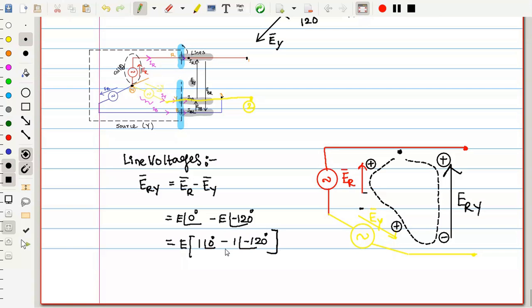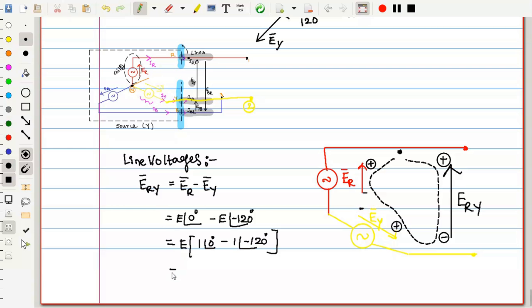You can convert this into rectangular form, add real and imaginary parts, and convert back into polar form, but that much work is not required. You can type the polar notations directly in your calculator. Tell me the answer. Root 3 at an angle 30. Anyone got it?